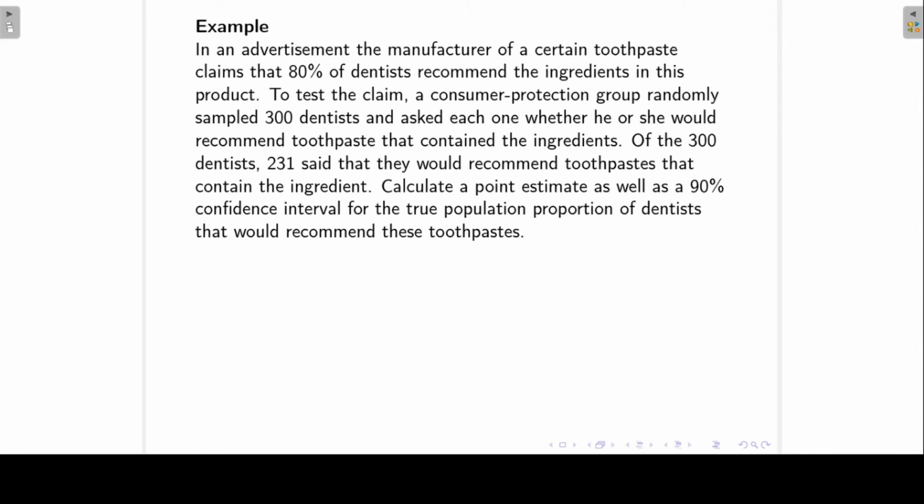So first of all, to get a point estimate, we use the sample proportion P hat, which is x over n, the sample size. So my x is the number of successes, so that is 231 divided by my sample size, which is 300.